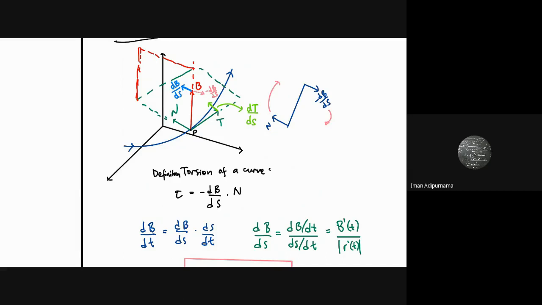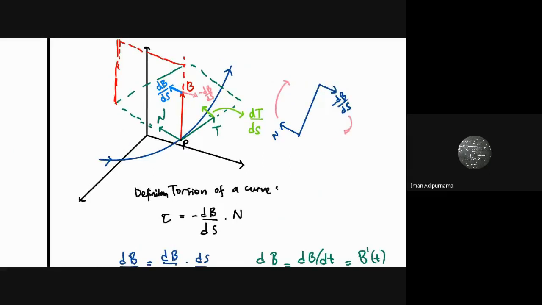So actually, what a torsion feels like or how it looks like, if you are focusing on point P here, we are looking at this point P on how twisted the curve at this point will be. That's the torsion.